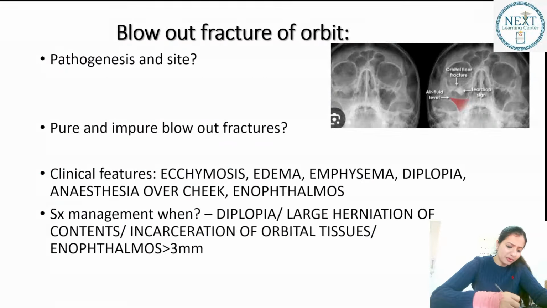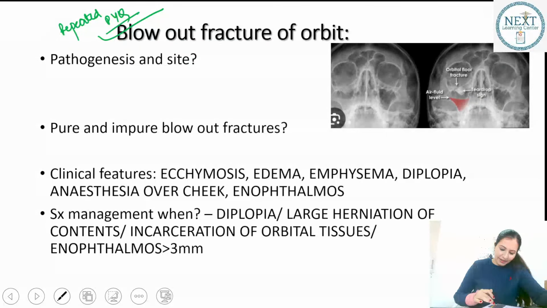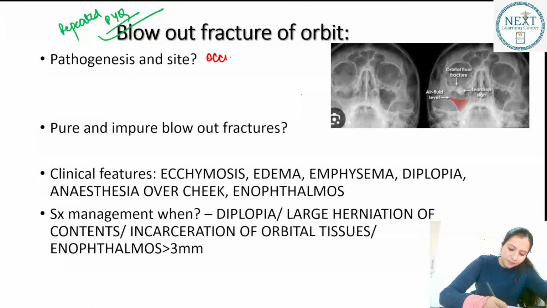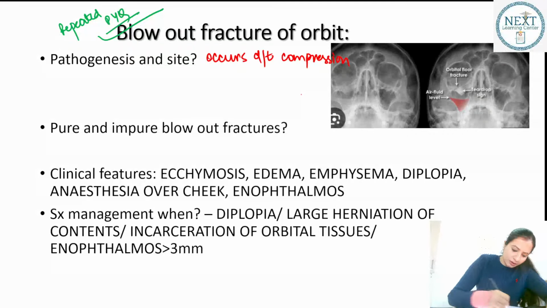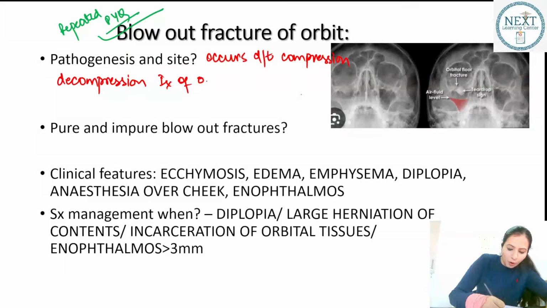Next is blowout fracture of orbit. Another repeated previous year question for your exams. What is the pathogenesis? Why does it occur? This occurs due to compression decompression injury of the orbit.